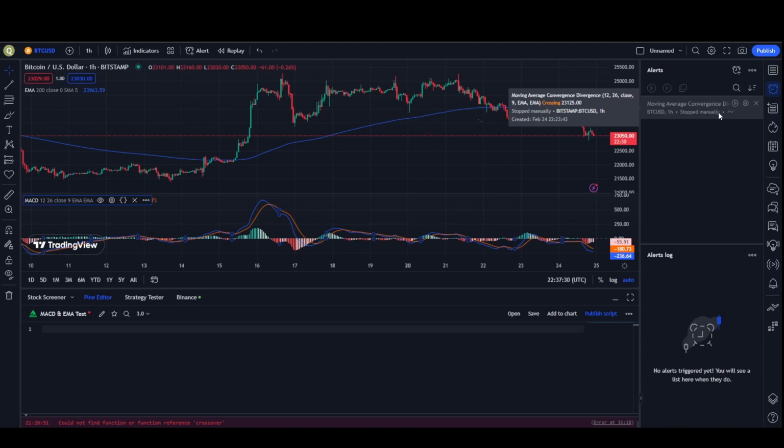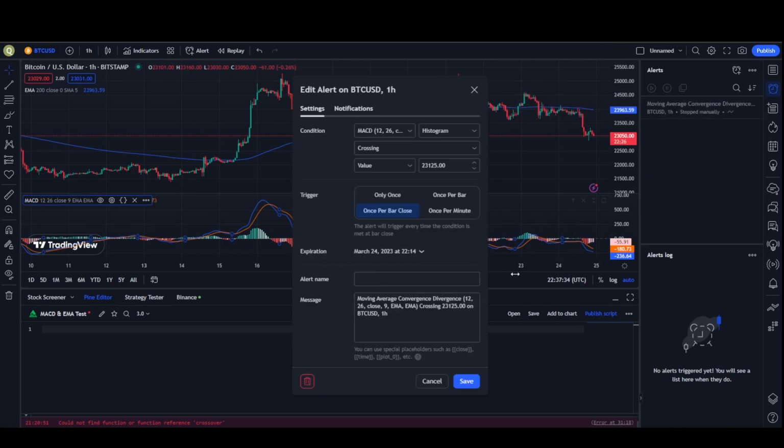This is the alert we set up. We would then go to settings or edit, and get rid of that and paste in the message code that's on that page on 3Commas, which essentially tells this alert, which is connected to the bot, to start this.